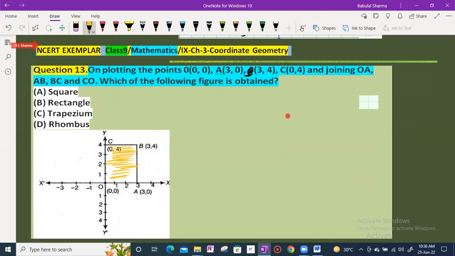देखिए, here you will check that the distance from here to here is 3 units. That is also 3 units. That is 4 units, that is 4 units.